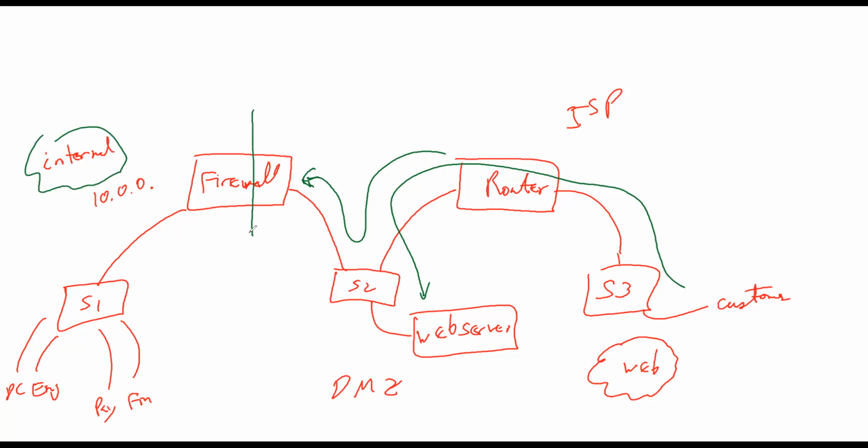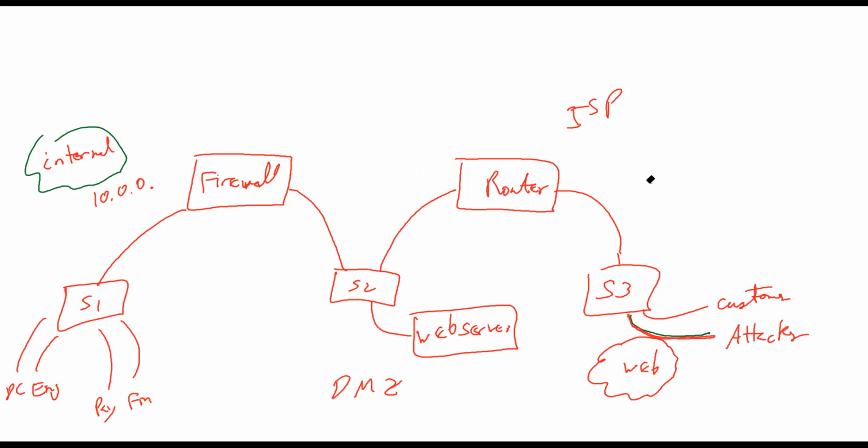Now, if you have an attacker, they're also on the outside, right? Because switch 3 would represent the web, so you can also have an attacker. An attacker obviously will have the goal of getting into your network, right? So an attacker will try to hit your router.